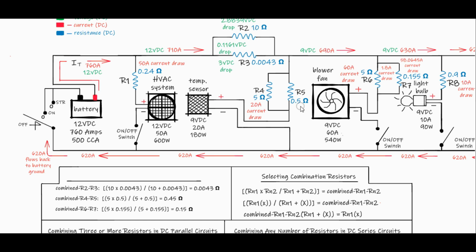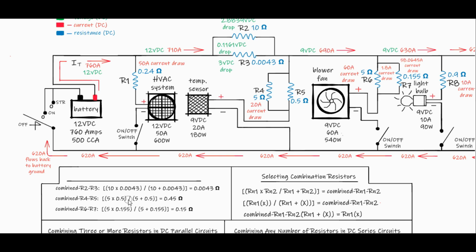Therefore, when selecting combination resistors, especially two-resistor clusters, we can restate the product sum rule and allow the second resistor to take the place of X so that the required specialty resistance can be calculated by solving for X algebraically.